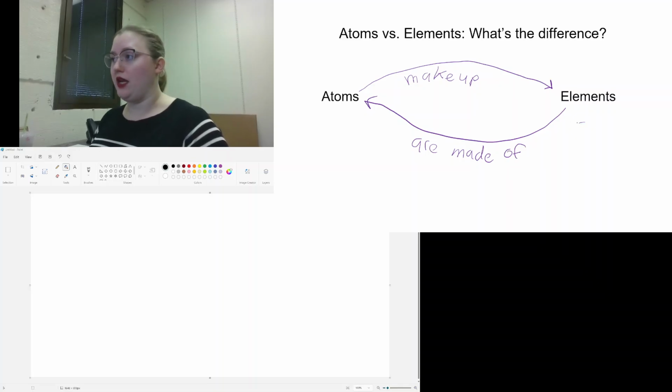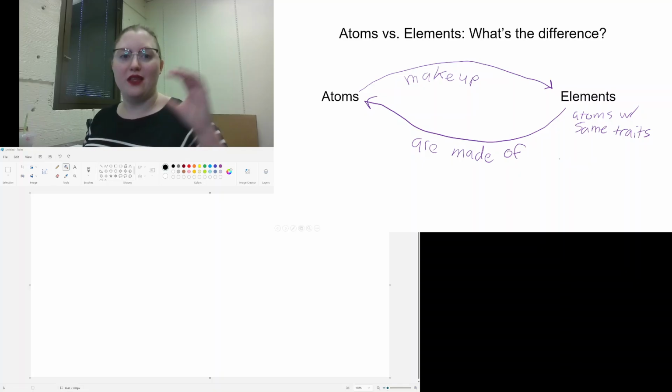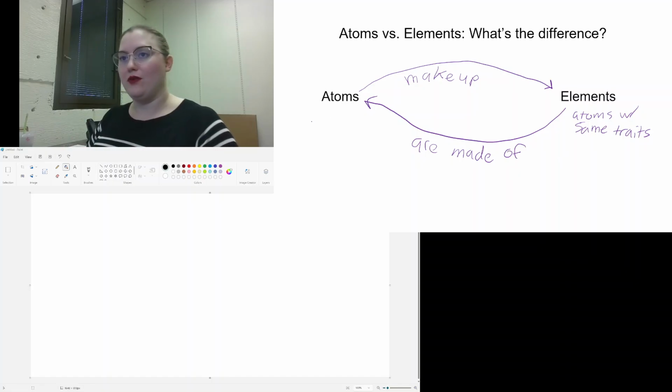Elements, particularly, are atoms with the same traits. Think of it like elements are the category, and atoms are the individual units of each type of element. This is the smallest unit of matter.